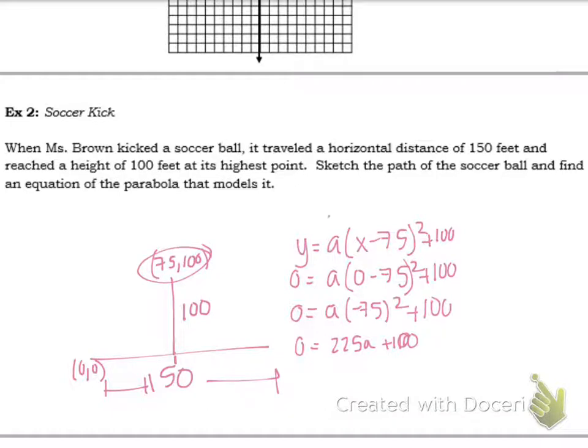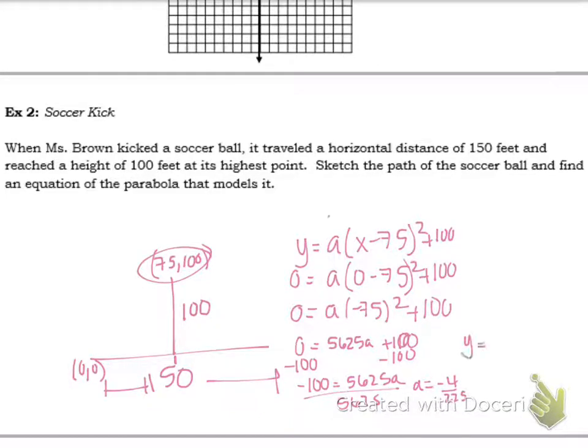A step ahead, that's actually a bigger number. It is 5625. So we subtract 100 and divide by 5625. So I got my a to be negative 4 over 225.